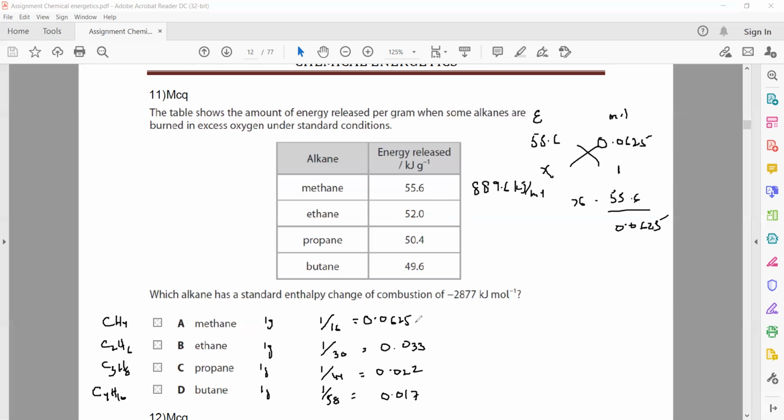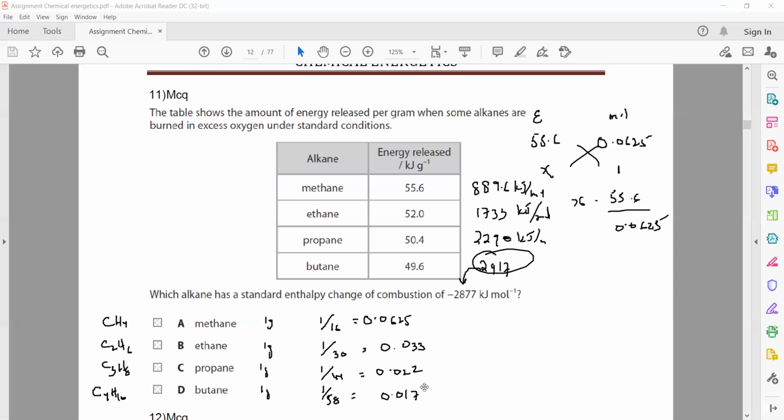Same thing for ethane: this is the energy release per gram, so we divide by the moles in 1 gram, which is 0.03. So 52 divided by 0.03 equals 1733 kilojoule when 1 mole is burned. And 50.4 divided by the moles of propane, 0.022, equals 2290 kilojoule per mole. And 49.6 divided by the moles of butane, 0.017, equals 2917, which is approximately closer to minus 2877.